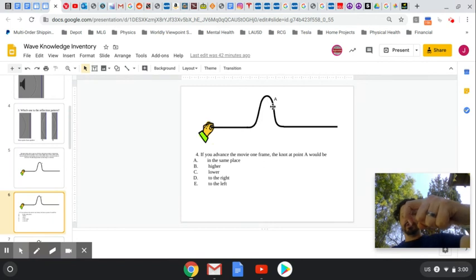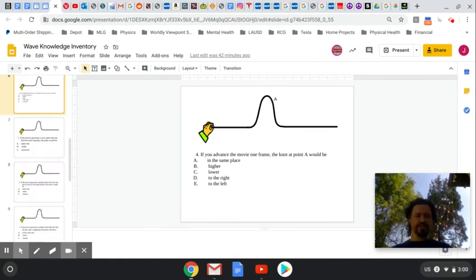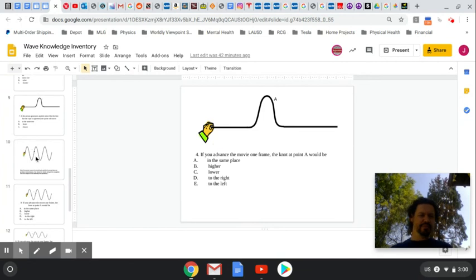Imagine watching a wave move across the ocean. Where is position A going to be in the next frame? Is it going to be in the same spot? Is it going to now be higher as this wave moves along? Is it going to be lower? Is it going to move to the side? What's going to happen? So the next few questions, all these over here, are about that.